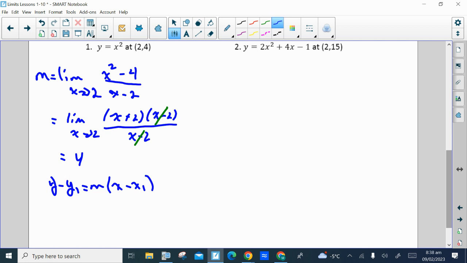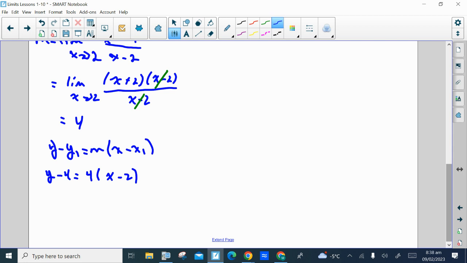So that's why we have a y and an x in the equation. x1 and y1 would correspond to the point of tangency, and m is the slope. So technically that is the equation of the line in point slope form. Normally, we write it in slope intercept form by multiplying out the brackets. And in this case, we would add 4 to both sides. And there's the equation.